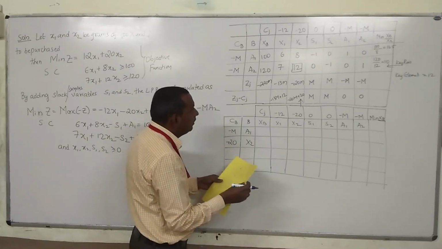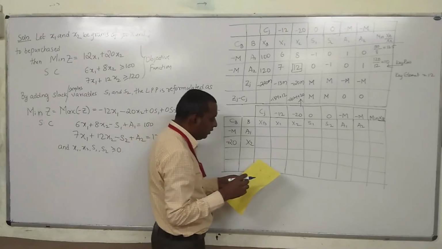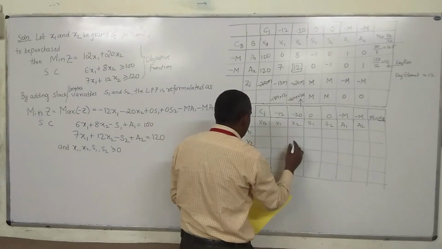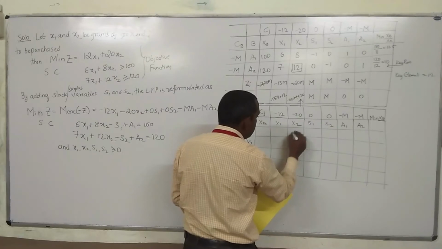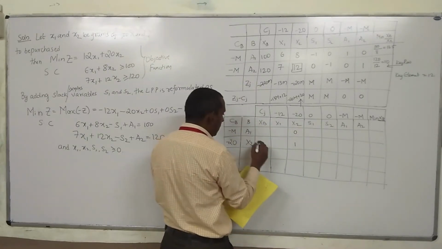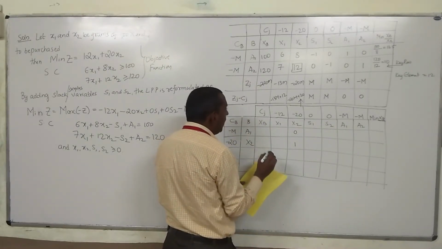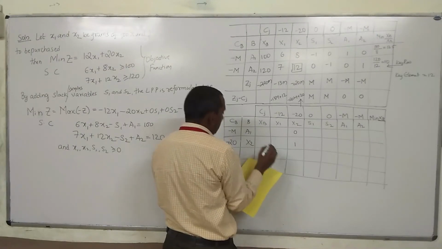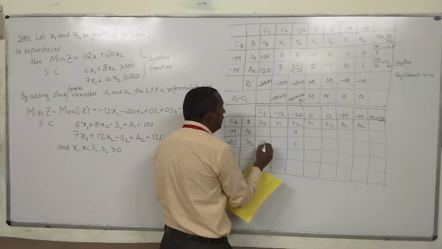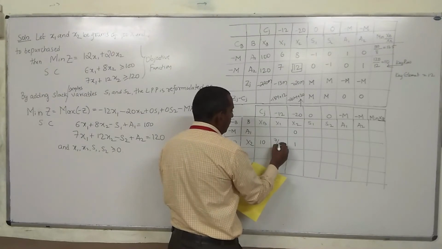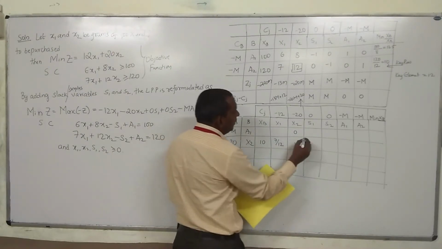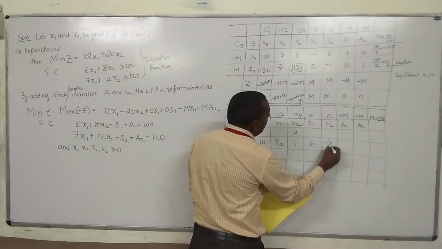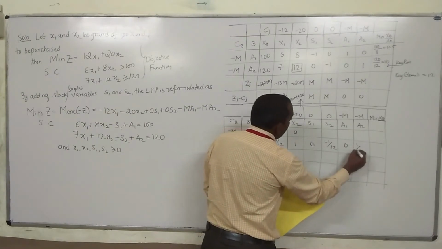And the key column, that is 12, is 1, this is 0, and it is 120 by 12. How much is it? This is 10, followed by 7 by 12. Then 1, this is 0, minus 1 upon 12, 0, 1 upon 12.